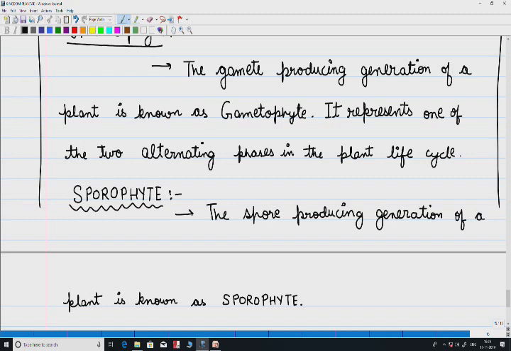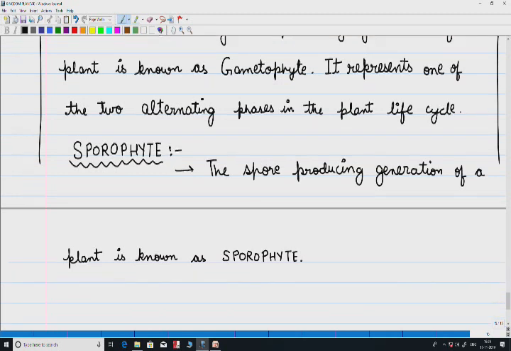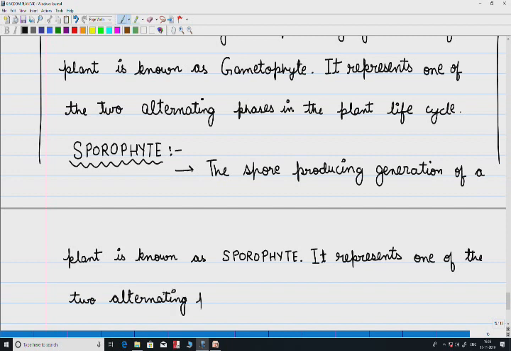It represents one of the two alternating phases in the plant life cycle. So you can see the definition is quite easy. If you want to write the definition, it is quite easy.